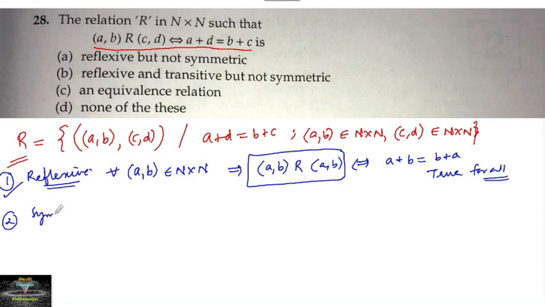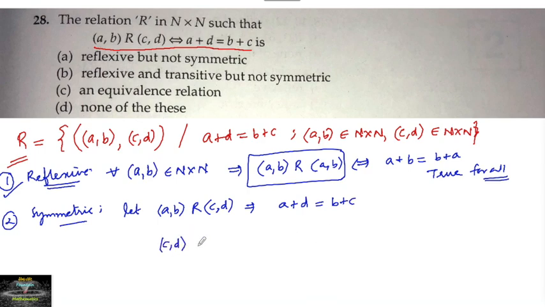And coming to the symmetric case, let (a, b) be related to (c, d), let us assume, which implies that a plus d is equal to b plus c. Now we need to prove that (c, d) is related to (a, b). That means we need to prove that c plus b is equal to d plus a, right?